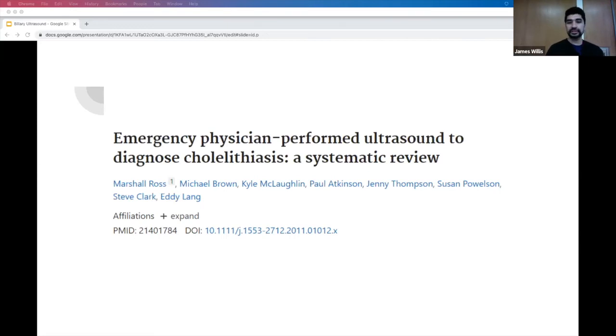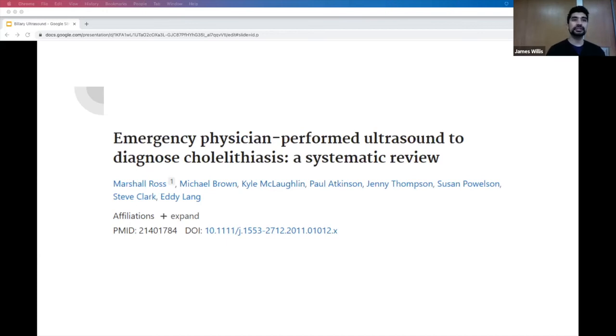So just briefly, the study by Ross et al. basically conducted a study to determine the characteristics of bedside ultrasound for cholelithiasis. They did a systematic review and ended with 8 studies. The studies they were looking for used bedside ultrasound detecting sonographic Murphy sign, as well as gallbladder wall thickness and common bile duct thickness.